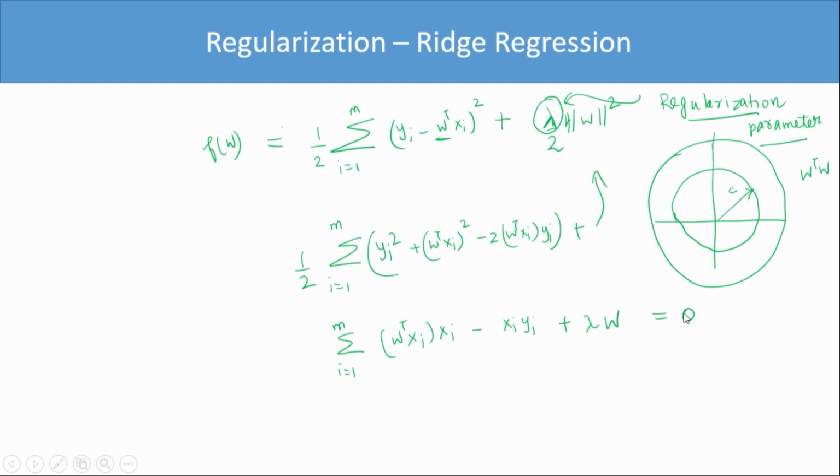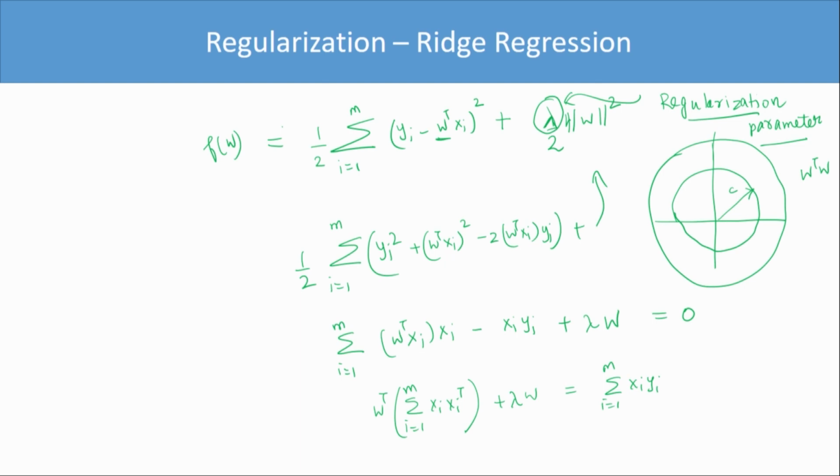So now if I do the jugglery, then what happens is this becomes w transpose sum of 1 to m xi xi transpose, that's a matrix, plus lambda w equals sum of 1 to m xi yi. So it looks very similar to the previous case, except that there is this lambda w that has gotten added.